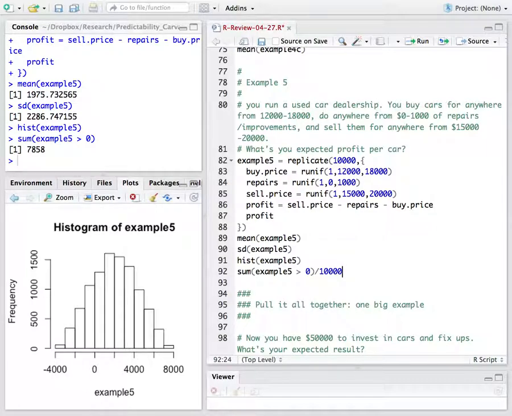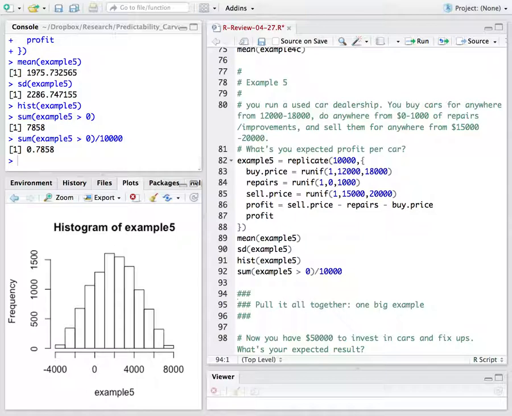So if we divide by 10,000, the total number, we see that 78.58% of the time, this car business has a profitable transaction. Fair enough?